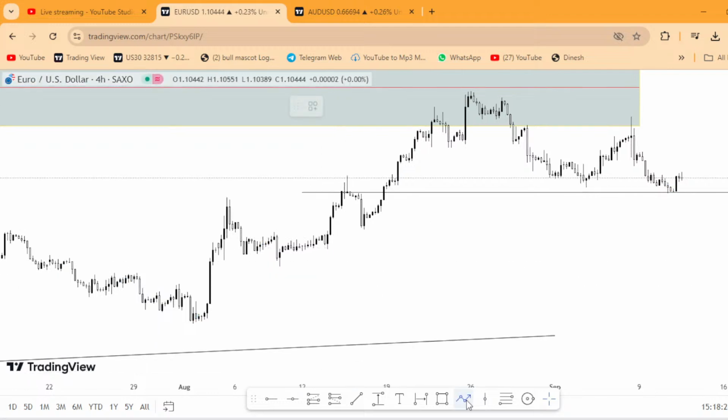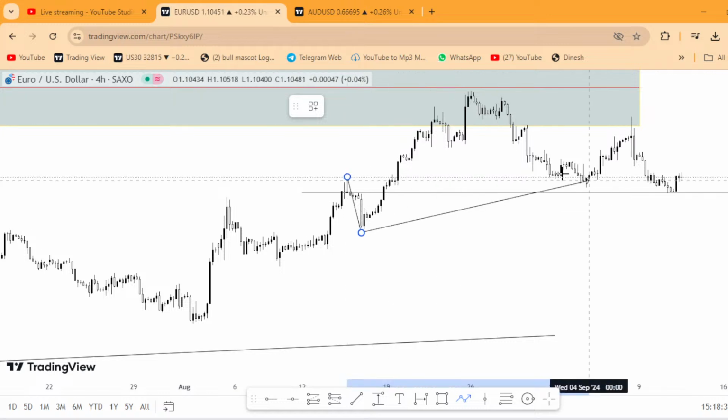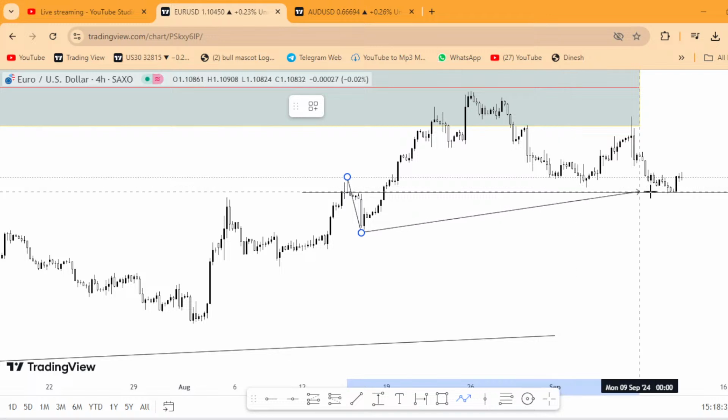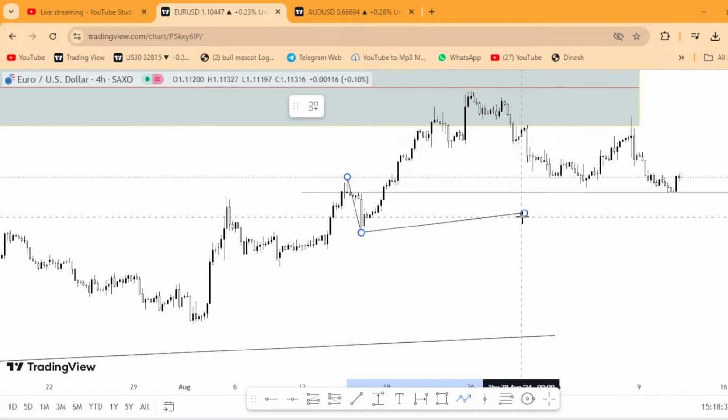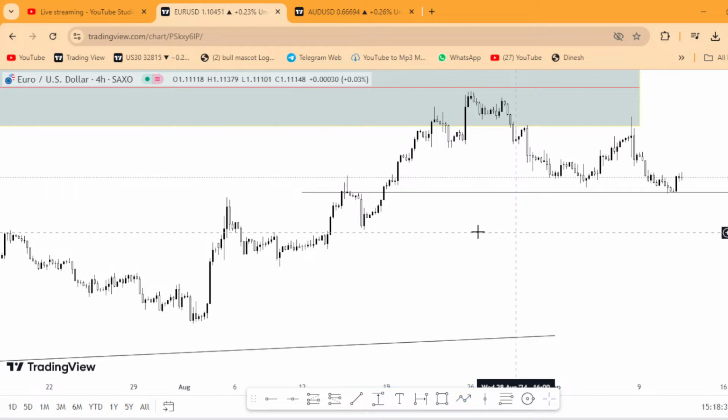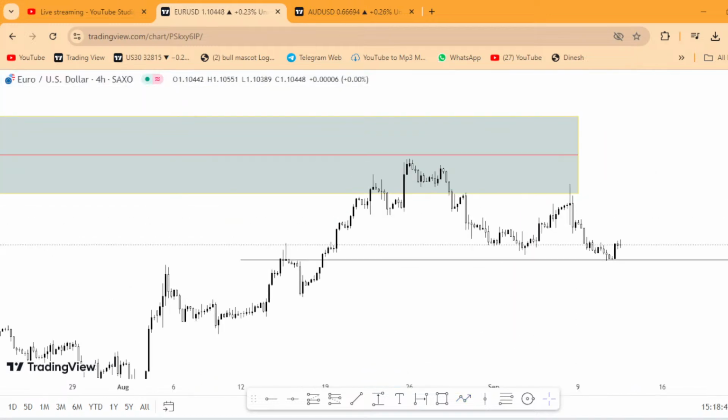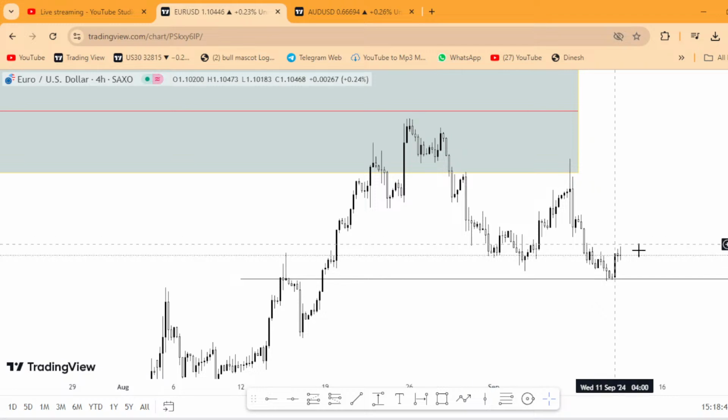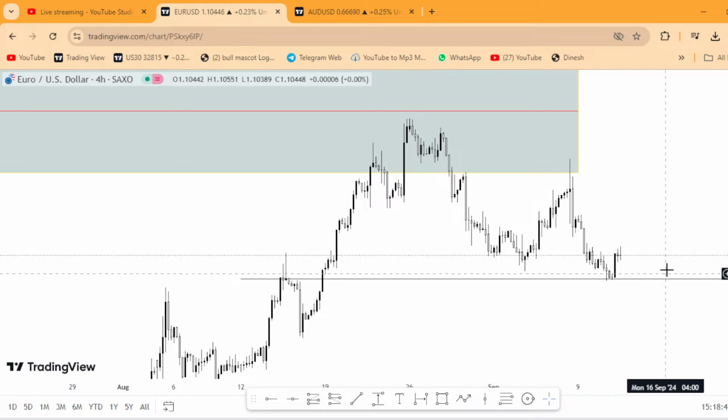So we tend to use this as a breakout structure and realize that the market came back at this level. So that is the level I showed you that we need to break if we are to manage into sellers.